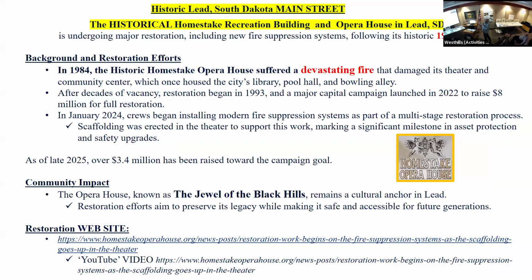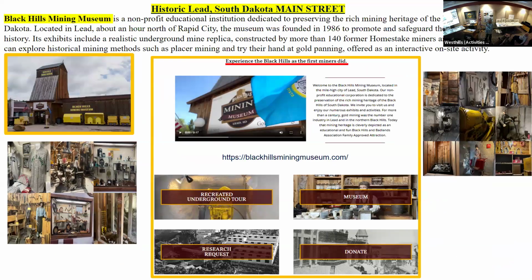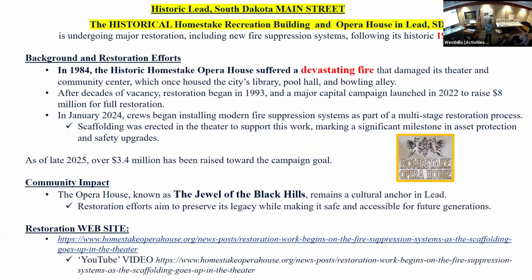In 1984 it suffered a devastating fire, and it's being rebuilt and repurposed as we speak. And on this, I have a link to the website for the Opera House too.